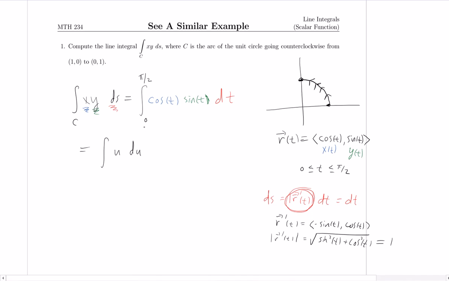Well, when t is 0, u is sine of 0, which is 0. And when t is pi over 2, u is sine of pi over 2, which is 1. So this is just 1/2 u squared from 0 to 1. So the final answer is just 1/2.